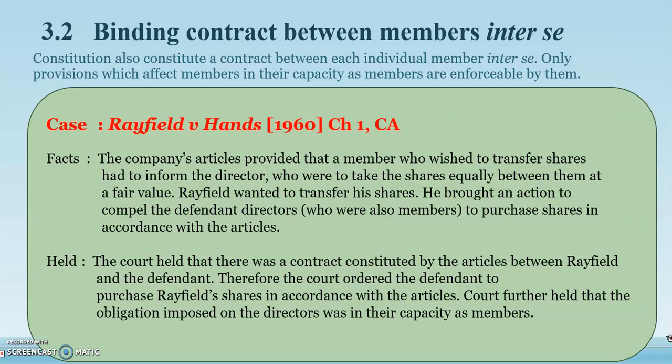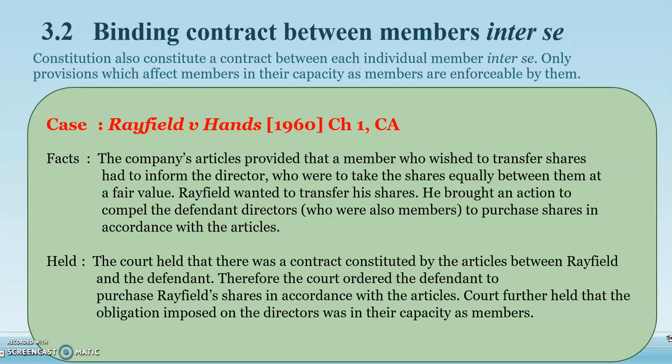Now, the other one is a binding contract between members inter se, so among the members. The constitution constitutes a contract between each individual member. The only things that affect them are the provisions which affect their capacity as members. Now, look at the case of Rayner v Hans.